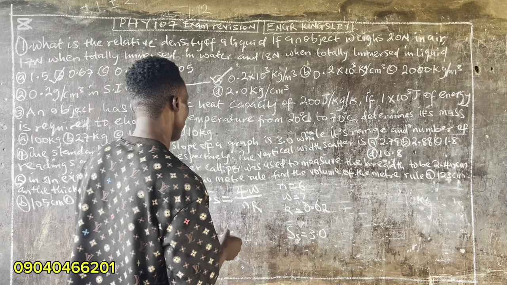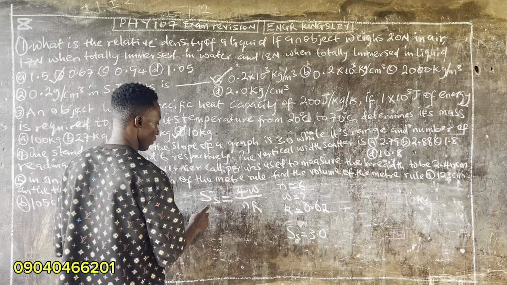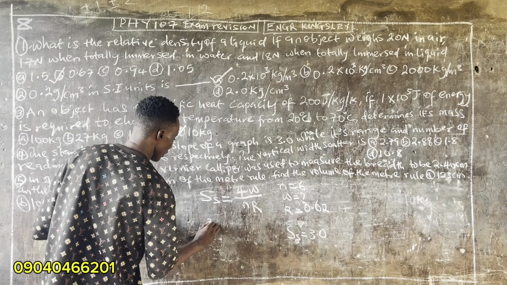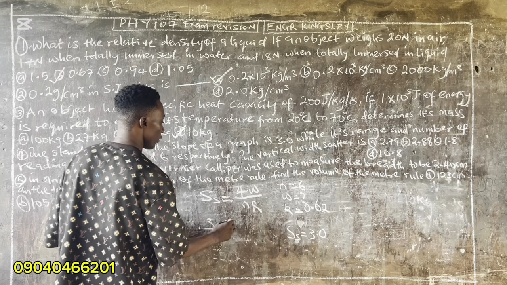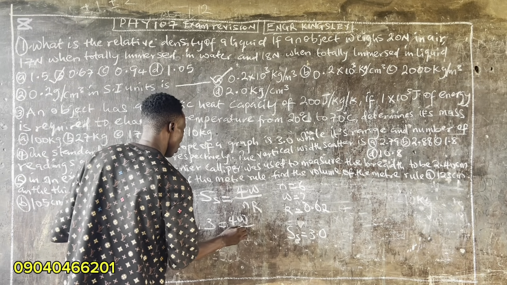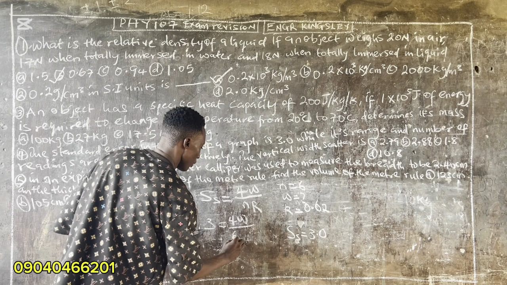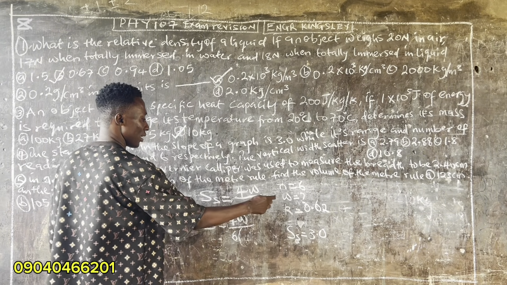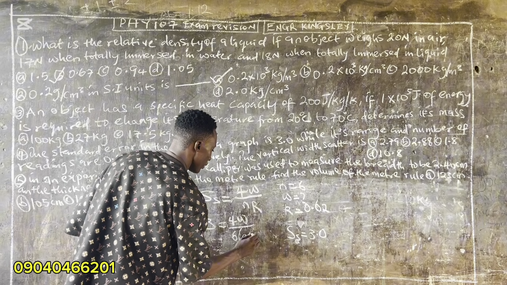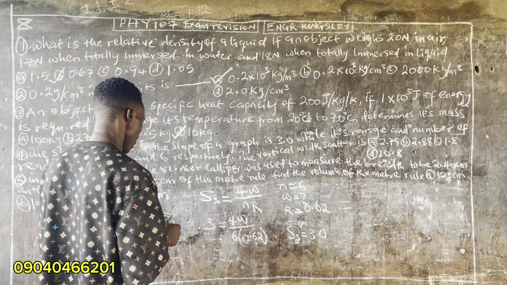Moving on, we can make the vertical width scatter the subject, but let's substitute the parameters. We have the standard error in slope, 3, equal to 4 multiplied by the unknown vertical width scatter, all over the number of plotting points, 6, multiplied by the vertical range, 0.62. Moving on, we cross multiply.